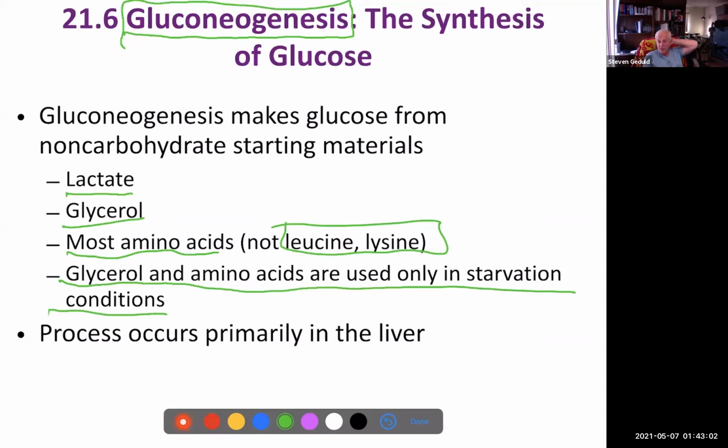But in times of starvation, when you've got no energy, you will break those down to produce glucose, because the body needs glucose more than it needs amino acids. Continued starvation results in death. And you're only breaking down amino acids in starvation conditions. The process occurs primarily in the liver. So in the liver is where we make glucose.